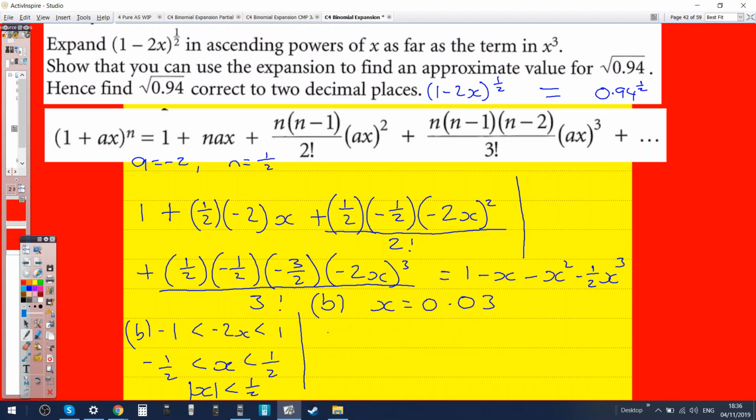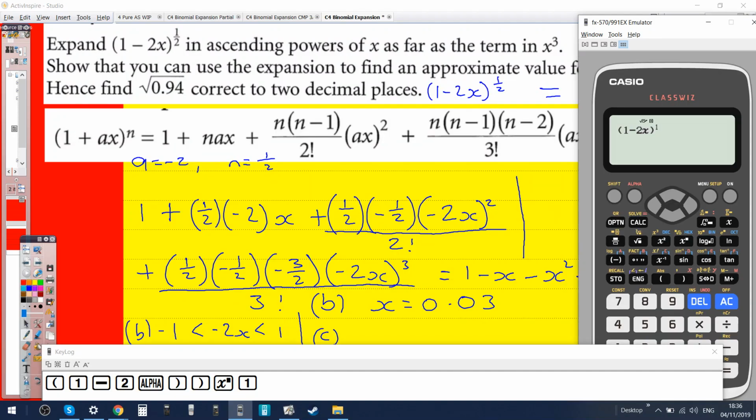Show that you can use this expansion to find the approximate value for that. How do we know that this method is correct? Or do we just have to assume that it is? I'll show you in a sec. What do you do next? Hence find the square root of 0.94, correct to 2 decimal places. So we put x in the binomial. And do we just do it until the third term that we found? Yep.